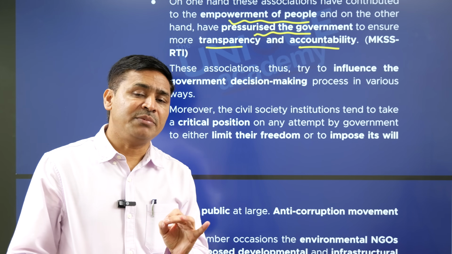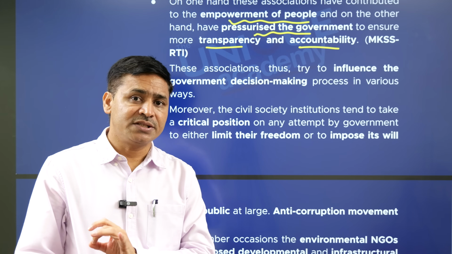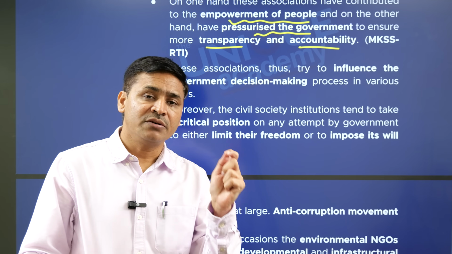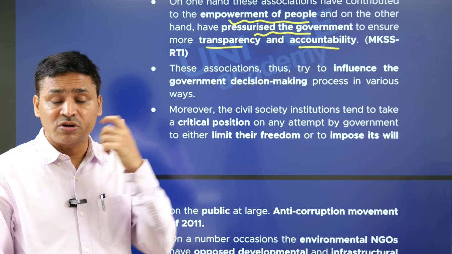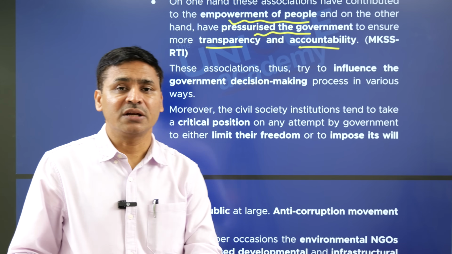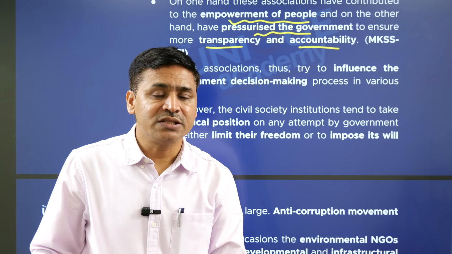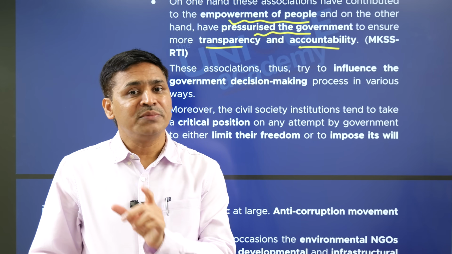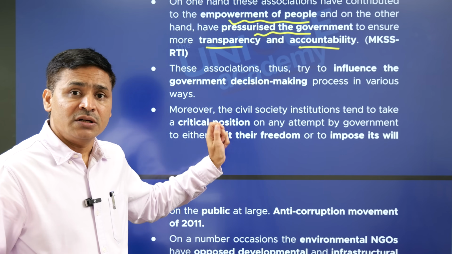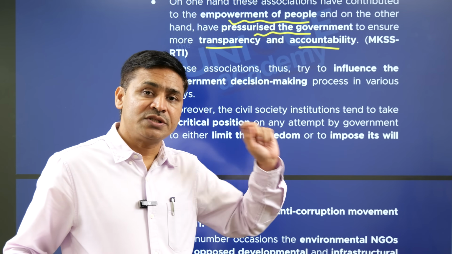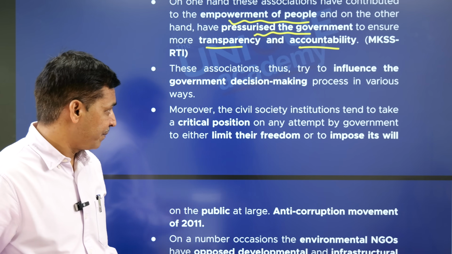Every attempt by the government or by the state which seeks to limit freedom or liberty is opposed by the civil society organizations, because as we started right in the beginning, civil society is seen as the sphere of autonomy and freedom. So therefore, they tend to always be critical of any kind of government move which seeks to limit the freedom or liberty.